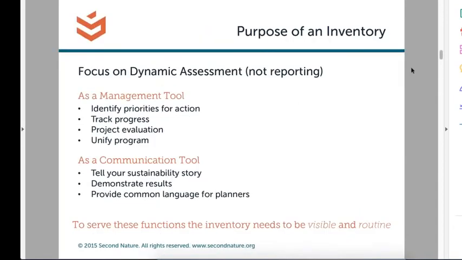You have a consistent management tool. You can look at it every year and see how you're doing. When you're communicating with decision makers, they get used to seeing it every year. Like, oh yeah, we've got to look at that greenhouse gas inventory. It becomes more routine and more visible, and people on campus are more familiar with doing it. So that's why we made the decision to make it an annual part of the commitments. That's really the only major thing that's changed in our reporting procedures.